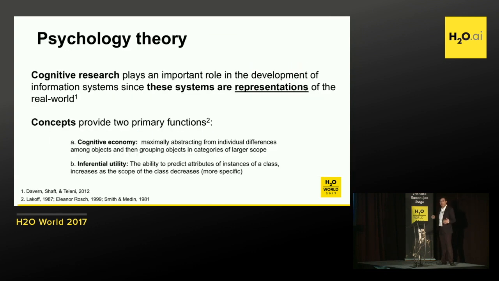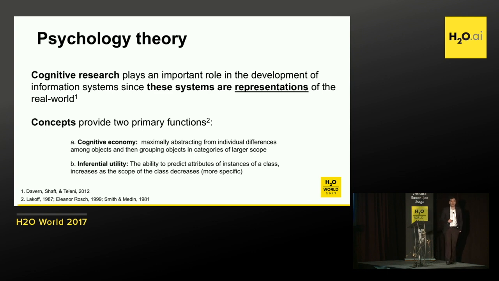So we go back to psychology theory and look into cognitive research, and we think it's a perfect explanation for this, because the data in a system are just a representation of the world. An individual looks at the kid, puts their notes of what they're seeing, and that representation is put into a system. There are two concepts in cognitive research that can help explain this.